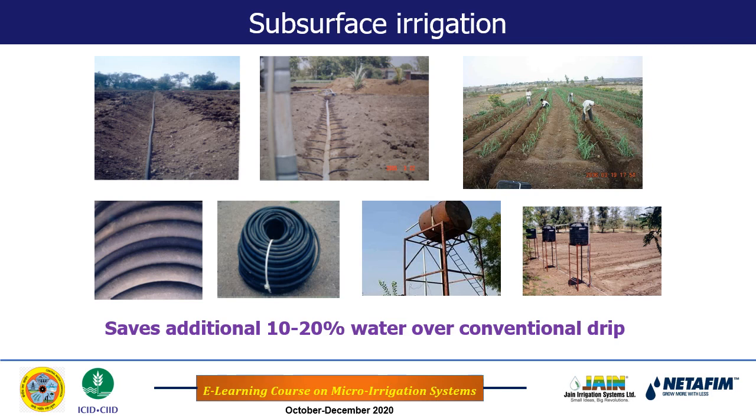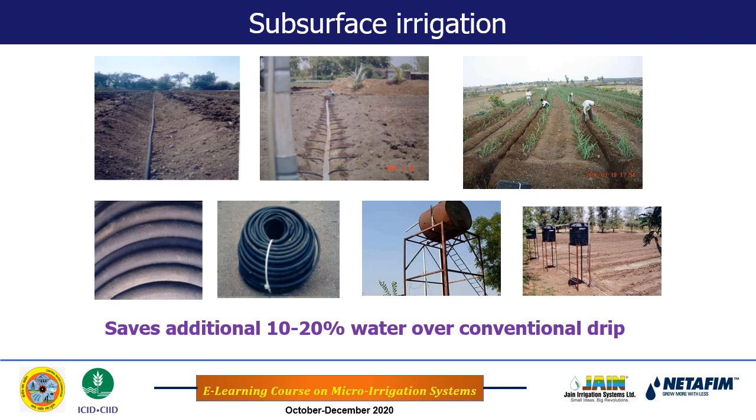But in the subsurface irrigation system, we don't apply water, we maintain the water, and the plant root takes water from the soil root zone as per the need. This is the basic difference between the subsurface irrigation system and other irrigation methods.